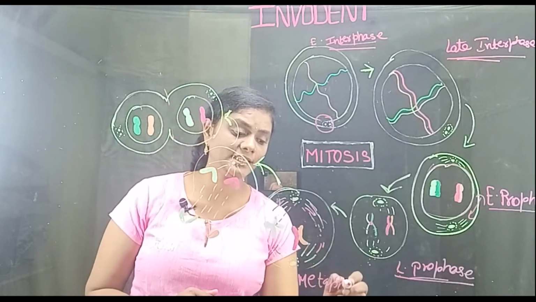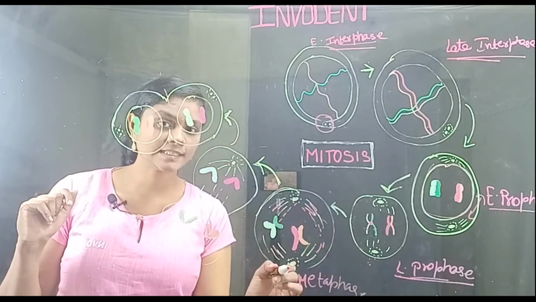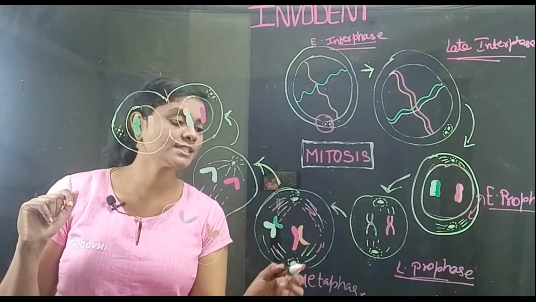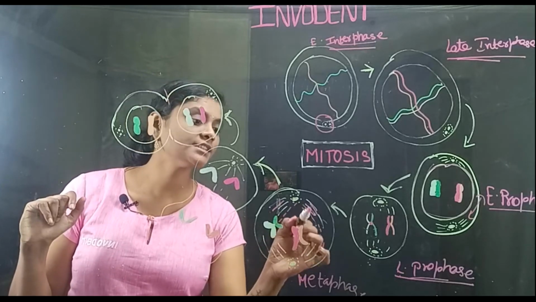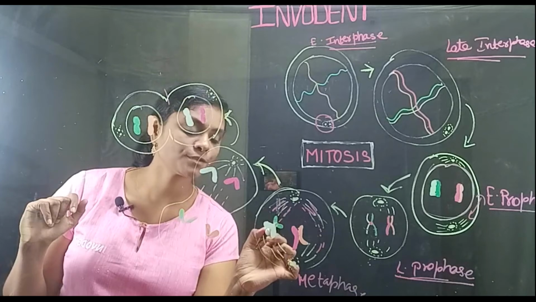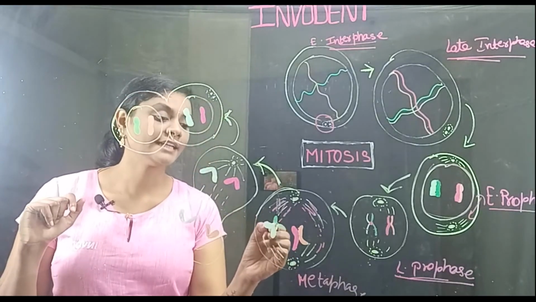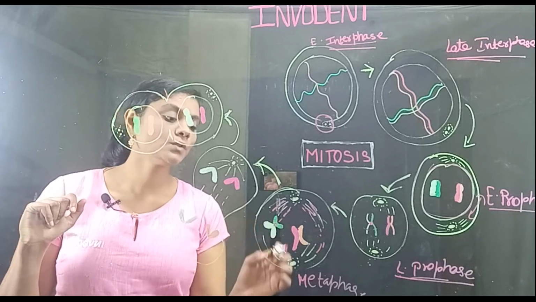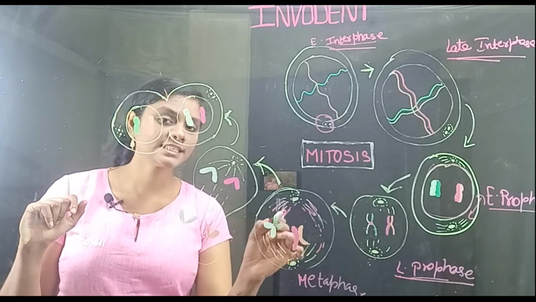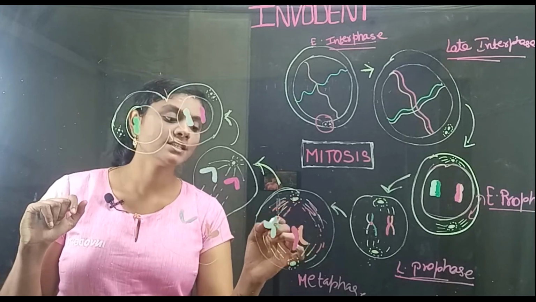What happens in the metaphase is that the centrioles which are present on either pole will start creating the spindles. These spindles will get attached to the chromatids of each chromosome at the centromere. So at the centromere, these spindles which are given by the centrioles will start getting attached.